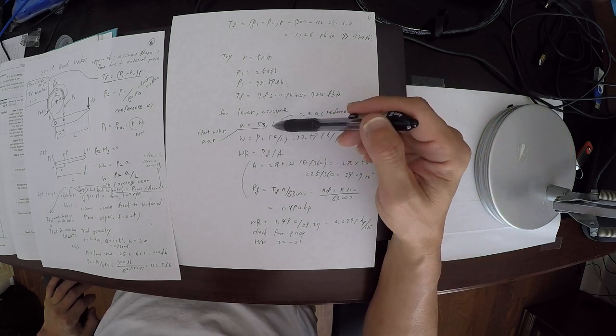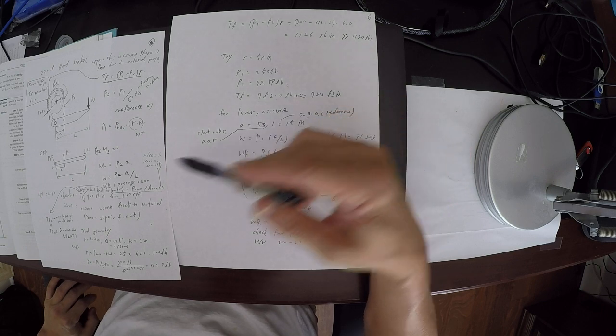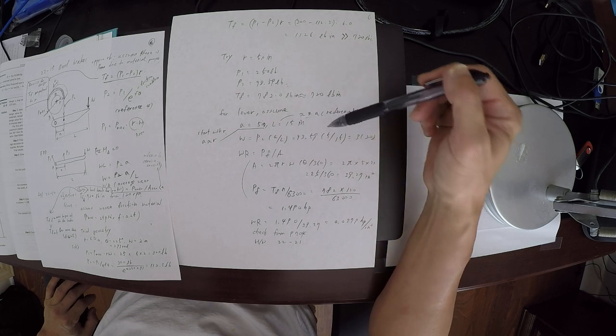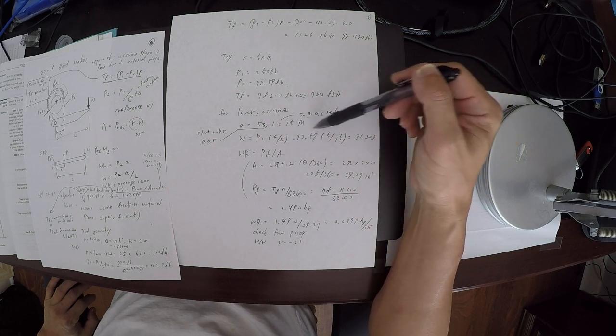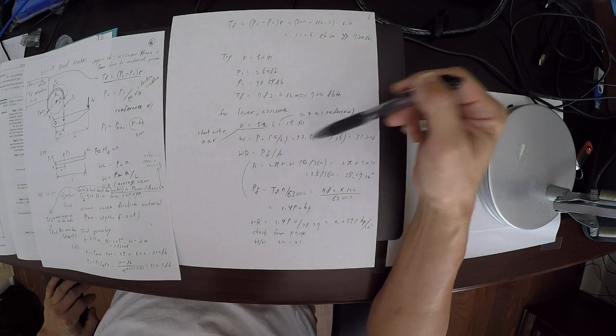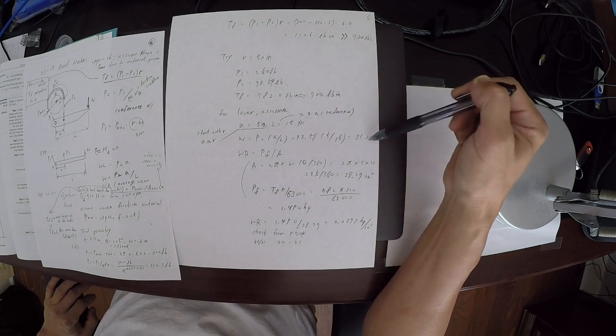With this, W you can calculate from this equation. P2 is going to be A over L, so 93.59 times A divided by L is going to be W.